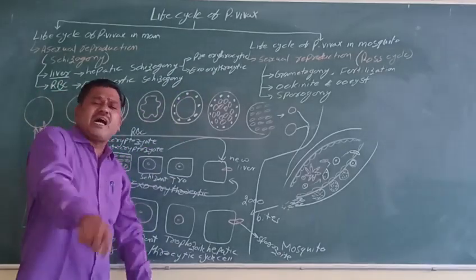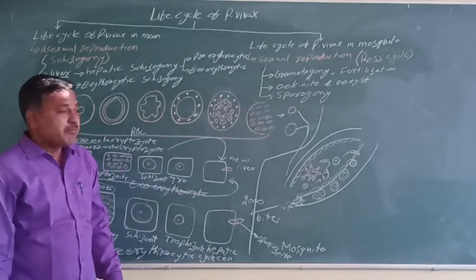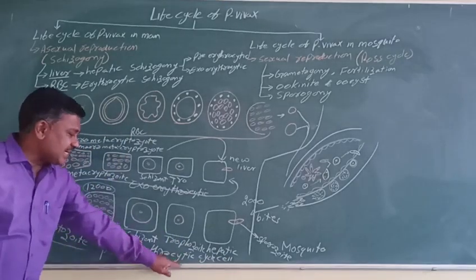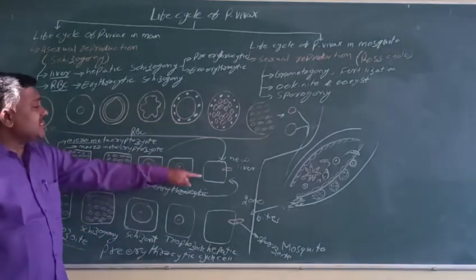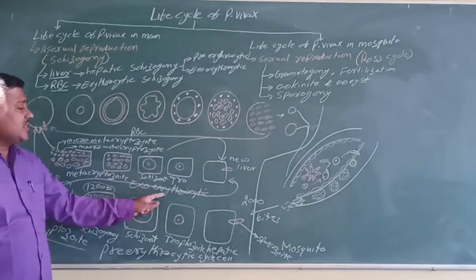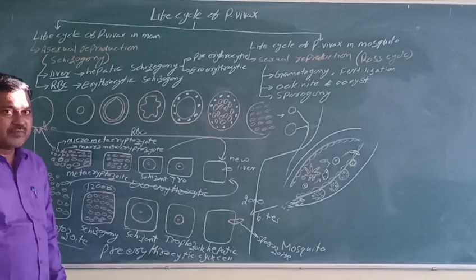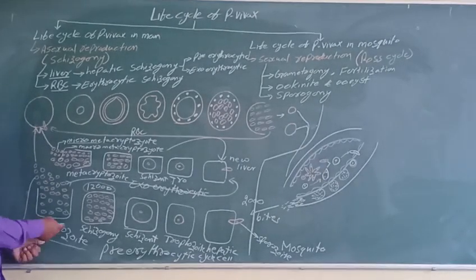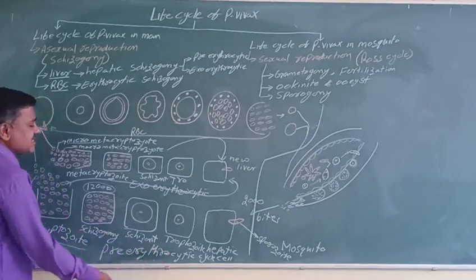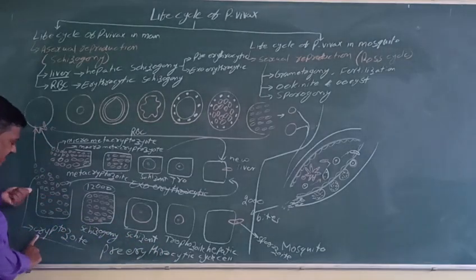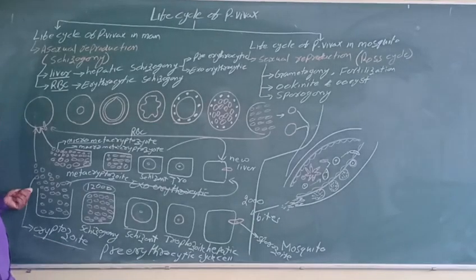Both infect the liver cell, but the first cycle is called the pre-erythrocytic cycle, and when a new liver cell is infected, it is called the exoerythrocytic cycle. Now the last point: in the pre-erythrocytic cycle, the newly formed cells are called cryptozoites.